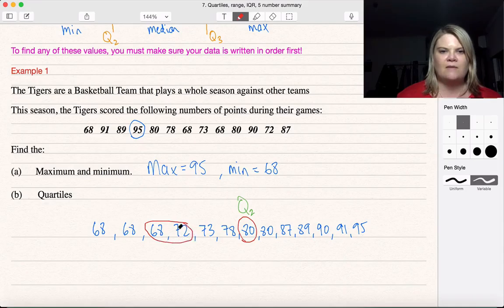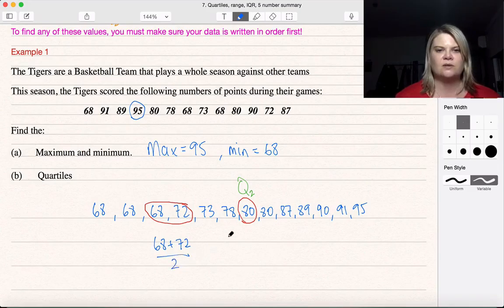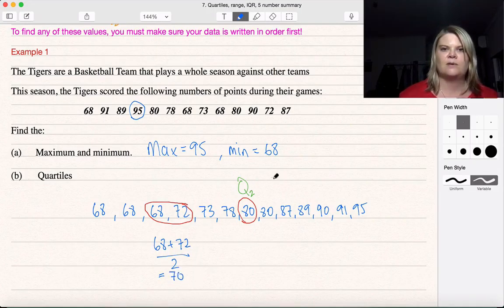And this time we have got 2. So halfway between 68 and 72, we can find the average, add them together and divide by 2. And we end up with 70 as Q1.